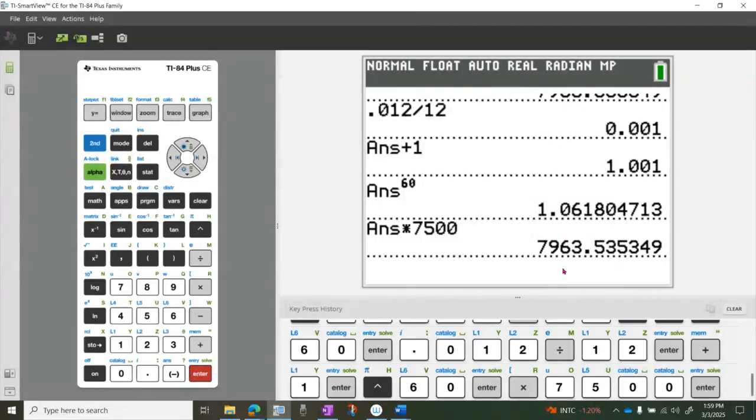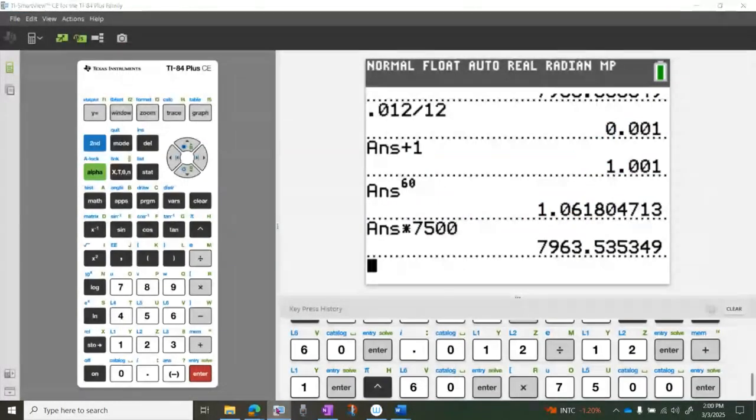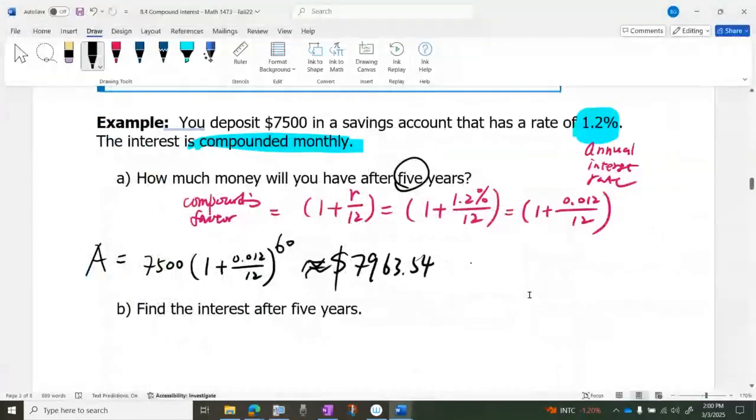Same thing, same result. 7,963.54... We can round it to the nearest cent, so we round it up to 54 cents. Approximately equal to, because we round it. $7,963.54. That's the balance, right?